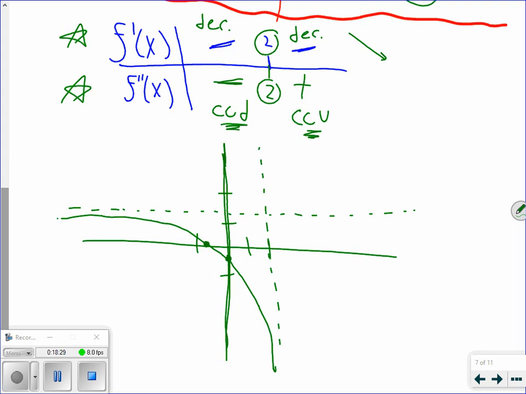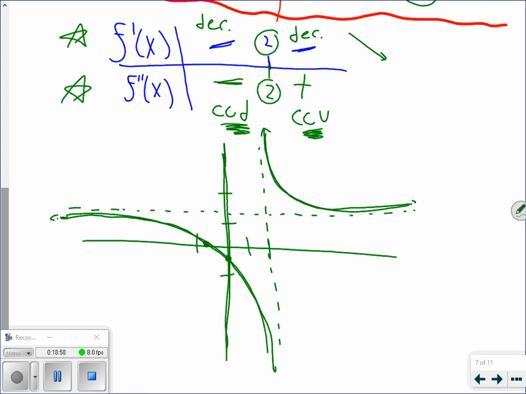We followed along the lines, we went through our 2 points, and notice how it's concave down. To the right of 2 is concave up, and the only way to trace along these asymptotes with concave up is to come from positive infinity to our asymptotes.